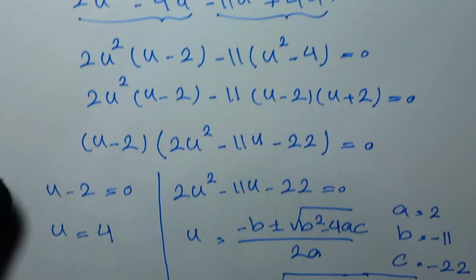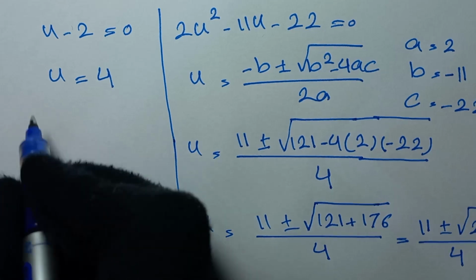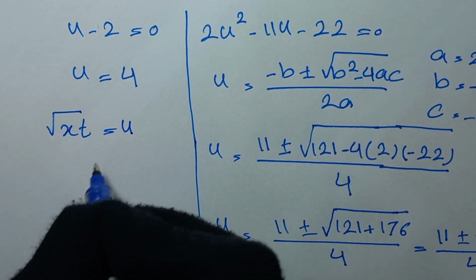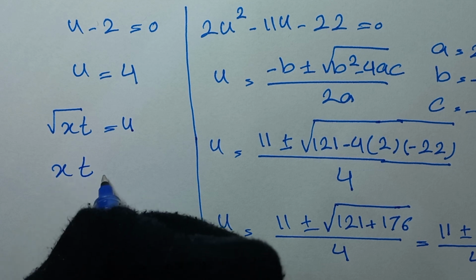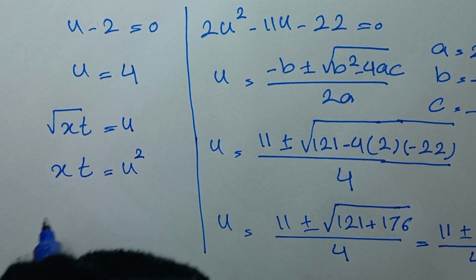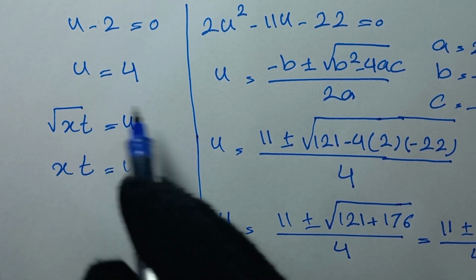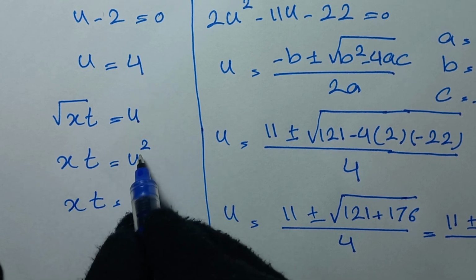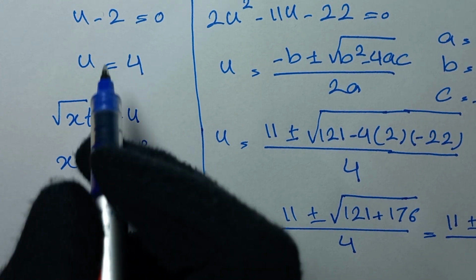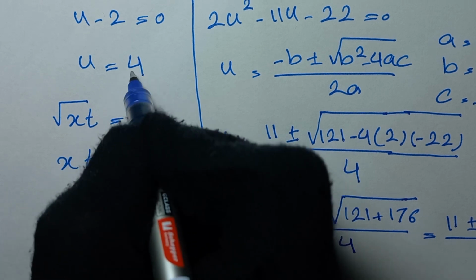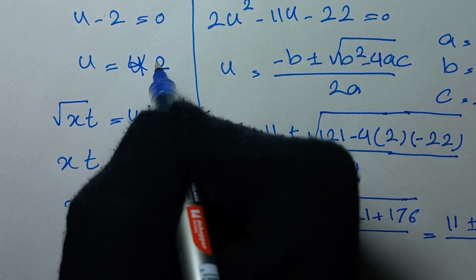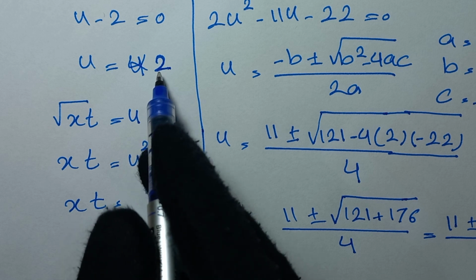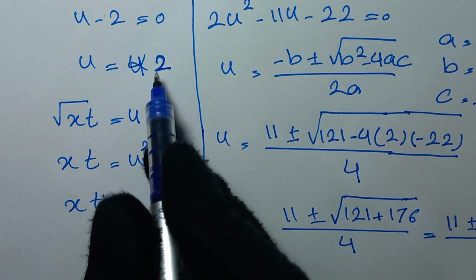So in the next step, we recall in here the square root of xt is u. So xt is equal to u squared, right? So from here, u is 2, and xt is u squared and u is 2.